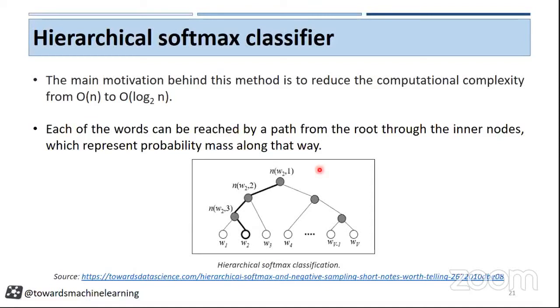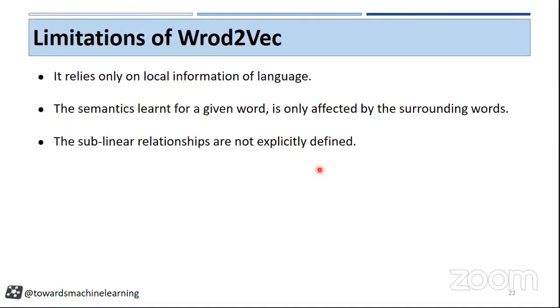I hope this part is clear, but now there are some limitations of the word2vec model. We have seen that it relies only on local information. Basically, you take a window size with respect to your center word and generate those kinds of pairs.